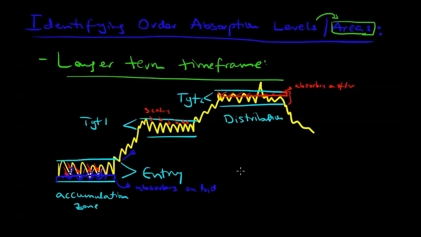So the fact that the market moves because of the larger time frame participant, if you understand how the larger time frame participant actually executes his orders, that gives you a huge advantage in trading the shorter time frame. So like we said, large time frame participants execute by accumulating and then distributing.